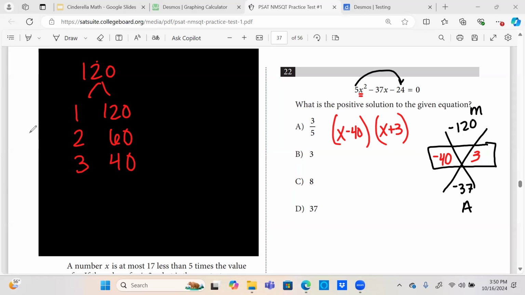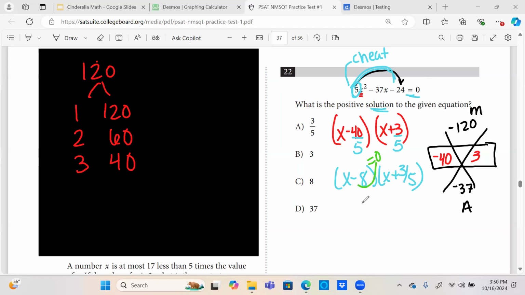And then we cheated though. When this first number, also known as A, is anything other than 1, when you multiply it, that's cheating. So if you multiply to cheat, we're going to divide under the magic numbers to uncheat. So this will be x minus 8 and x plus 3/5. And then they're asking for solutions. See how this is equal to 0? You're going to set those both equal to 0.